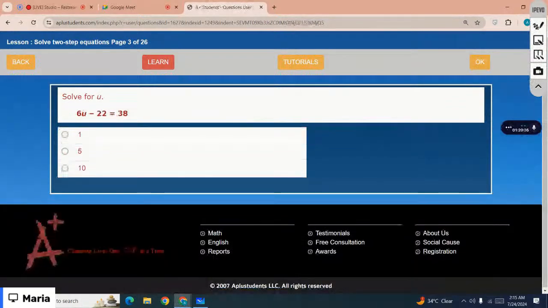Okay, solve for u. You can solve on your notebook and write the answer in the chat box.